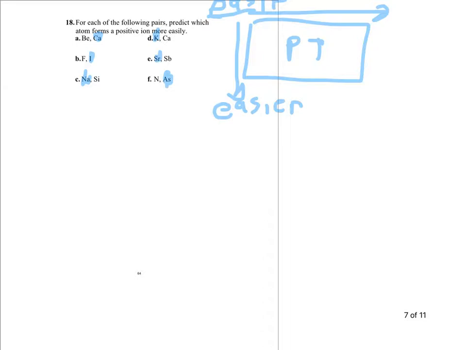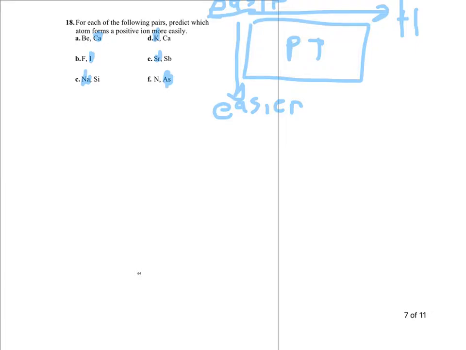So easier this way, harder over here. So easier is going to be, so we've got, well, sodium and silicon. Sodium over to the left is going to be easier.